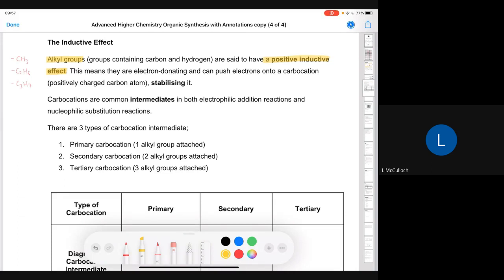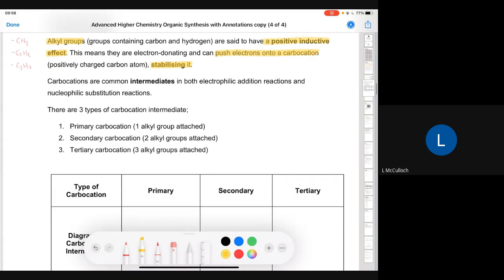Now we'll look at what a carbocation is in just a moment. So carbocations are common intermediates in both electrophilic addition reactions, which we are looking at right now, and in nucleophilic substitution reactions, which we will go on to look at a bit later.